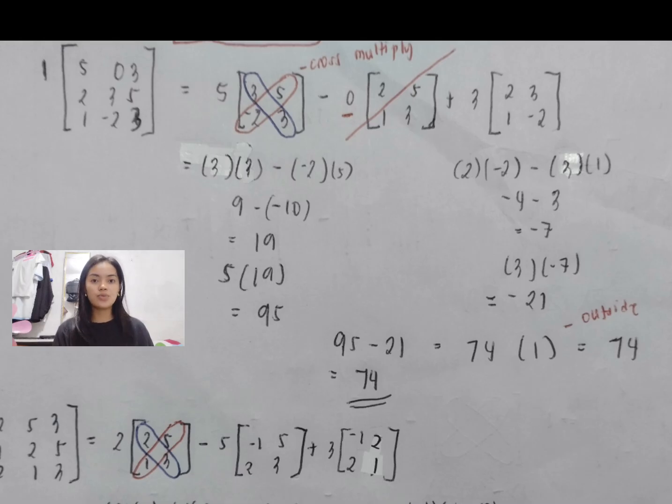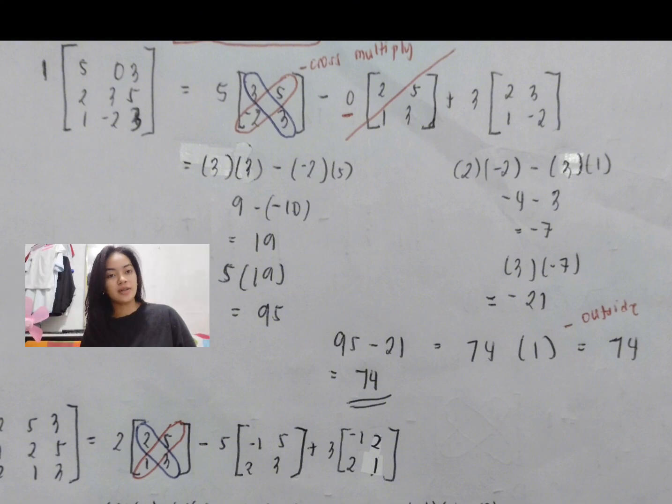The same thing as what we did earlier. We have here 5. We eliminate row 1 and column 1, and the only numbers we have are 3, 5 and negative 2, 3. Minus 0 times 2, 5, 1, 3, and plus 3 times 2, 3, 1, negative 2.